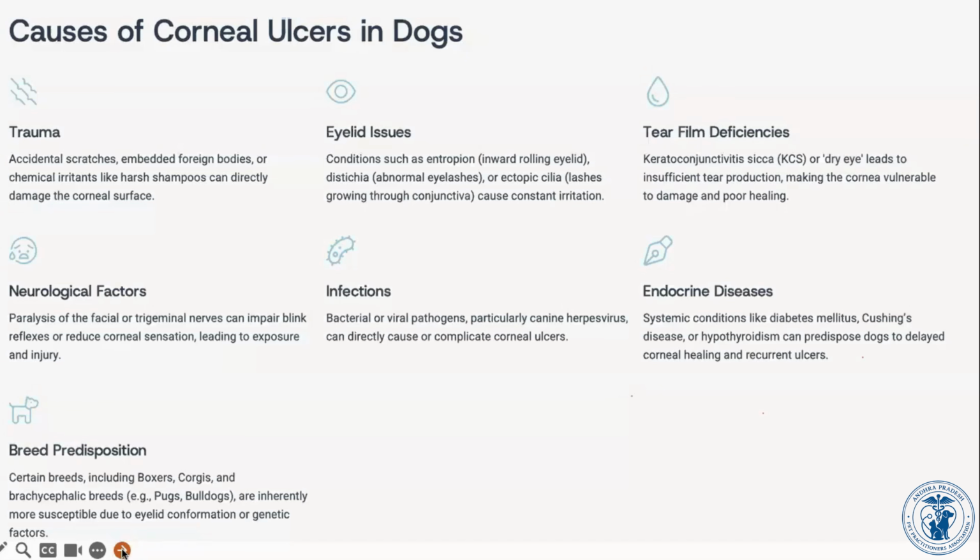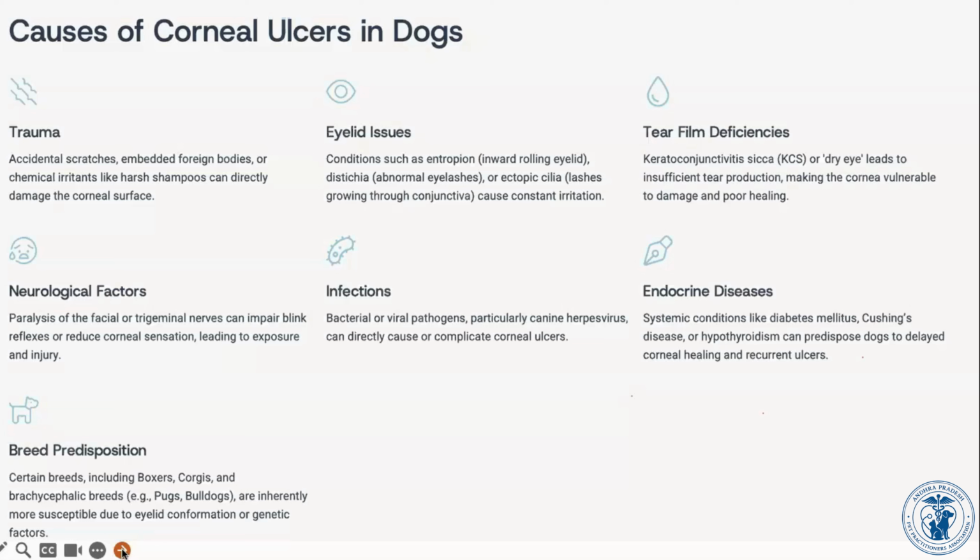Sometimes neurological factors, which are quite rare. It is not very common that a pet will be presented with a neurological condition that leads to an ulcer. Usually, if it is, we can see conditions such as trigeminal nerve paralysis or facial nerve paralysis, cases where they cannot blink properly. When they are not able to blink properly, there'll be dryness on the cornea and more exposure that will lead to ulcers.